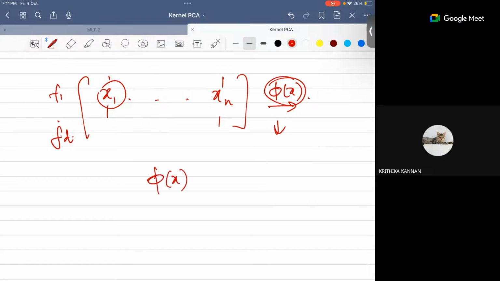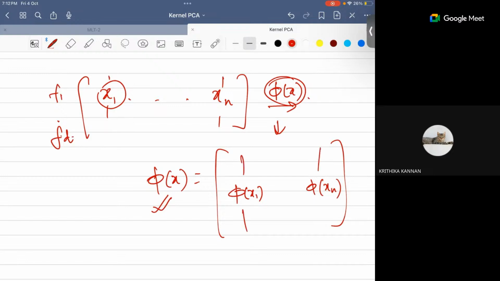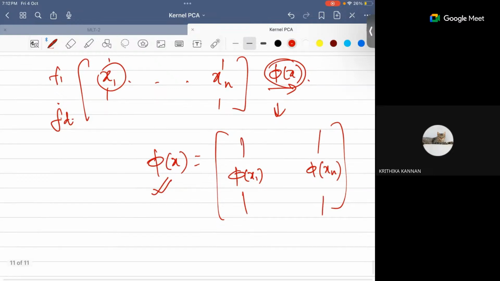After doing all your transformation, you have applied this mapping phi, which can be anything, maybe the one that we have seen, the square of that term. That can be one of the mappings, and after doing that mapping we got some matrix, something like 5 x n. But as we know, this is going to take a lot of time, right?